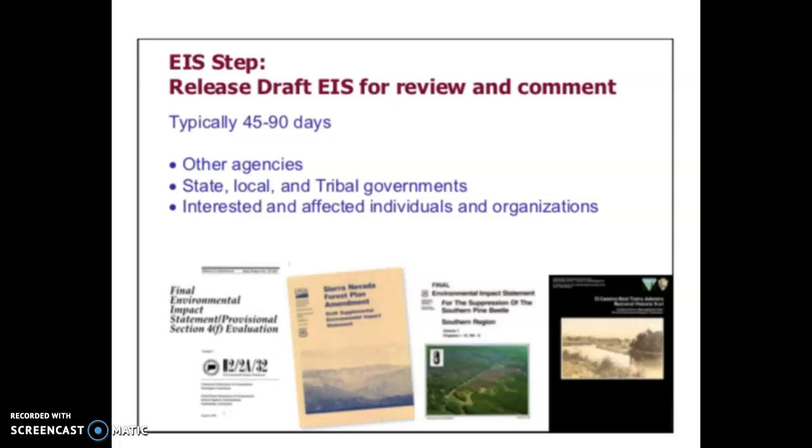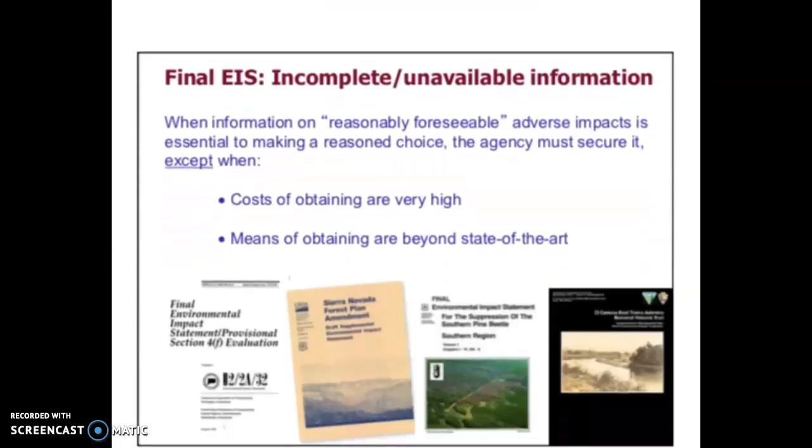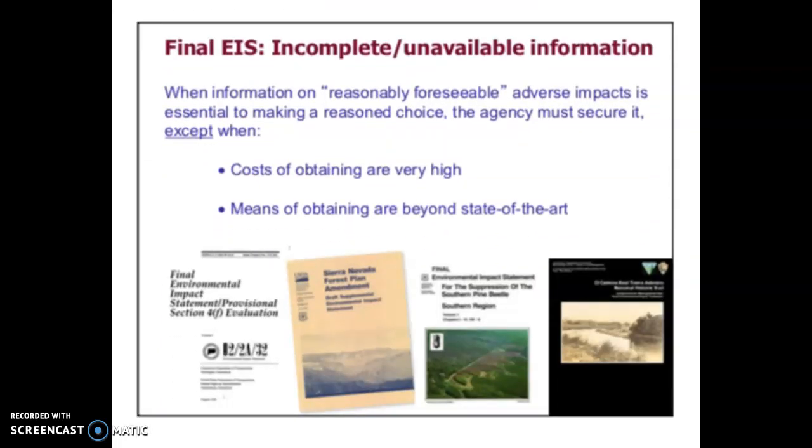Anyone is entitled to access and entitled to comment on the project. After the comment period has ended, the draft is updated, and all the comments are addressed, and then a final EIS is published, along with the ROD, or the record of decision, within the Federal Register.